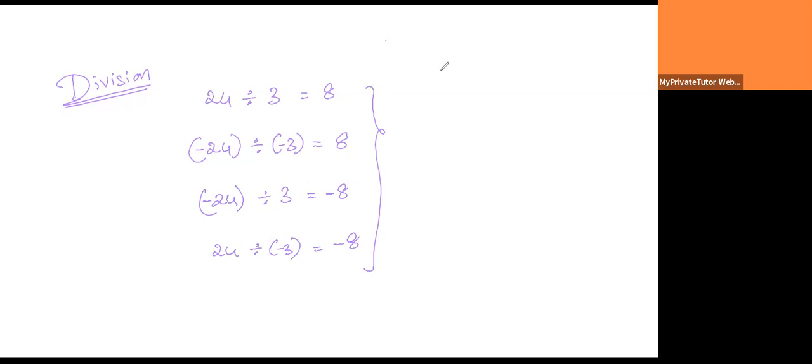Okay. So what if we have more than two numbers? For example, 4 times minus 5 times 3. How do you solve this? You're going to solve the first two, obviously. What is 4 times minus 5? 4 is a positive number, 5 is a negative number. 4 5s are 20.